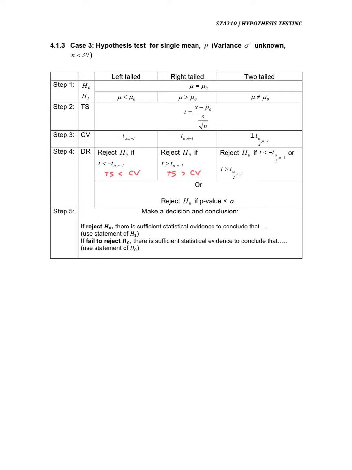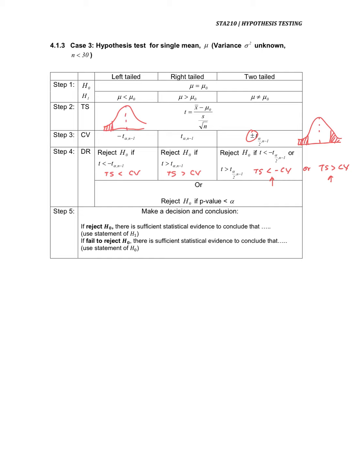For the two-tail, we reject H naught if the test statistic is less than negative CV or greater than the positive critical value. Remember to do plus minus because there are two sides, either the right side or the left side. The left tail is on the left side.